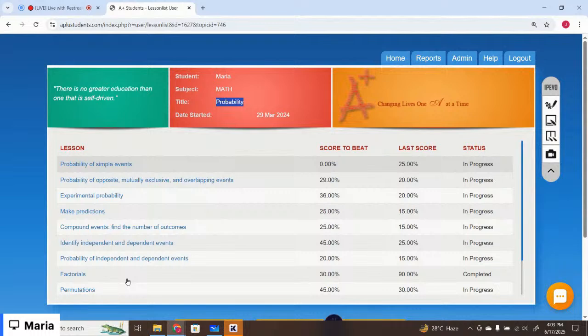Let's just start with the first lesson, that is the probability of simple events. So start with the lesson.